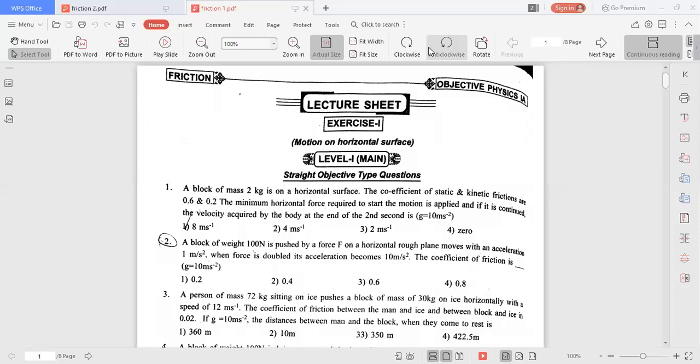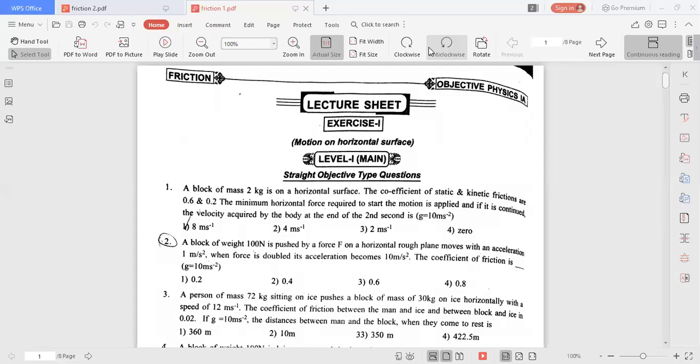Because of this applied force, first of all, tell me, do the two blocks move together or not? The frictional force on this block in this direction is F1, and on this block in this direction is F2. Suppose the limiting friction is greater than the applied force, then the block does not have a tendency to slide.